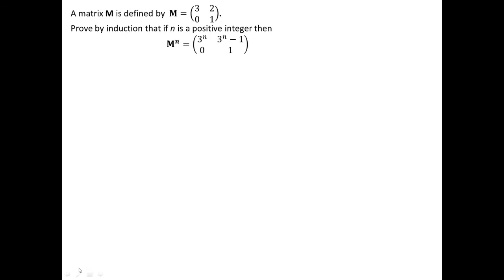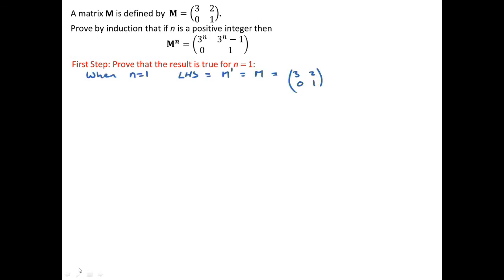So, following our normal proof by induction method, we start off by saying we must show that the result is true for n equals 1. When n equals 1, the left-hand side is M to the power 1, which is just M, the matrix (3, 2; 0, 1).